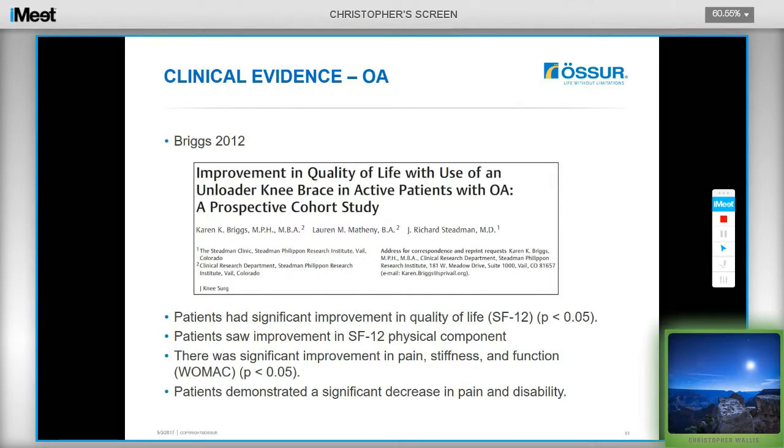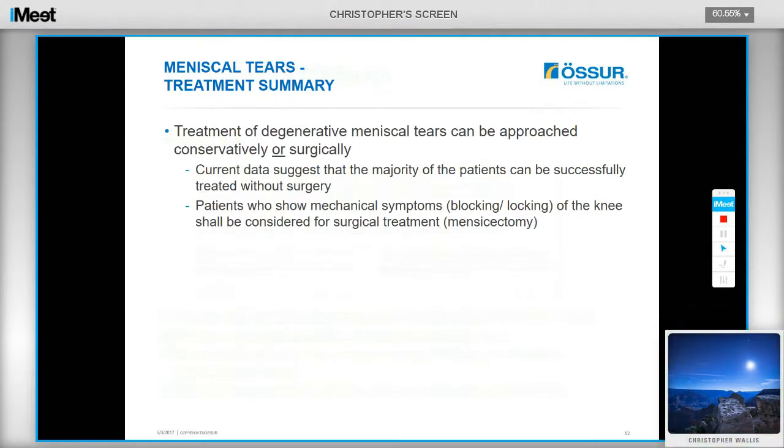Most recently, the 2012 study by Briggs showed significant improvements in pain, stiffness and function, and demonstrated significant decreases in pain and disability for patients with unicompartmental knee OA.